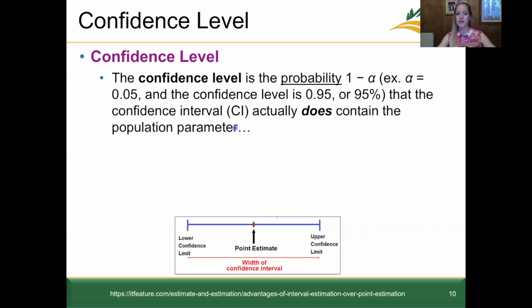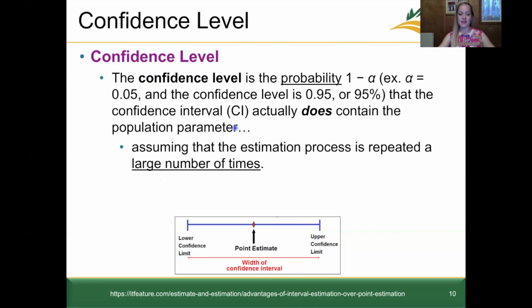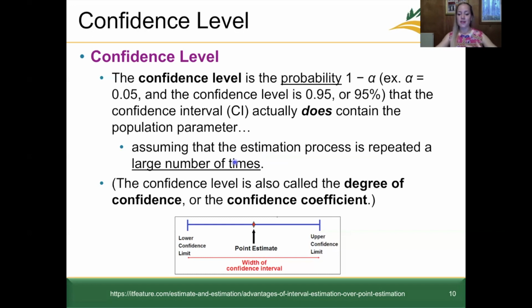Remembering that repetition helps us get a better, unbiased estimate. This all holds true, assuming that the estimation process is repeated a large number of times. Typically, the more times something is repeated, a calculation or an experiment, for example, the more accurate our answer gets. Confidence levels can also be called the degree of confidence or the confidence coefficient.